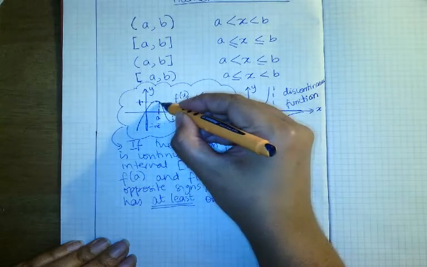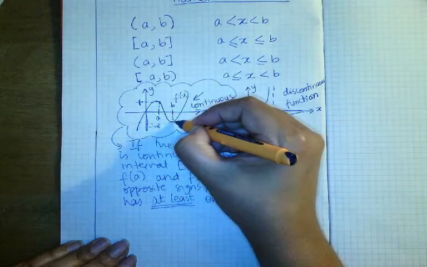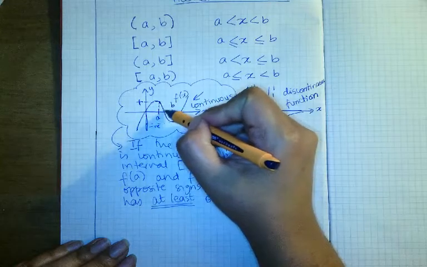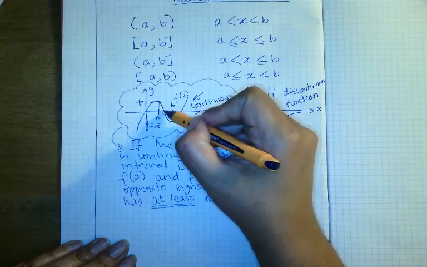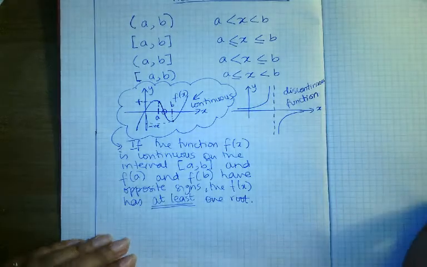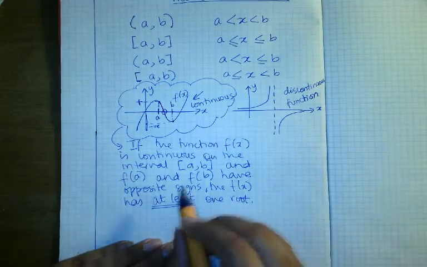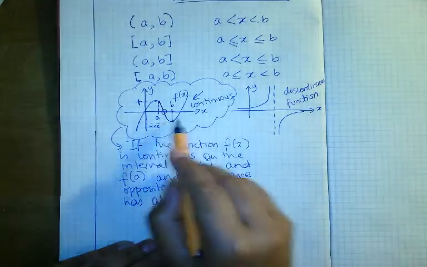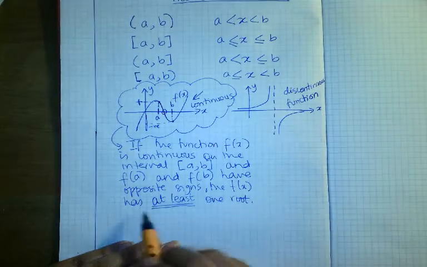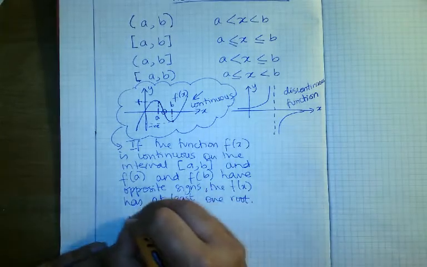So there's been a change in sign, okay? As I've gone from a to b, there's been a change in sign. I've gone from positive to negative. So what does that tell us? That tells us that obviously we've got a root between a and b. Okay, so at least one root there, which satisfies.